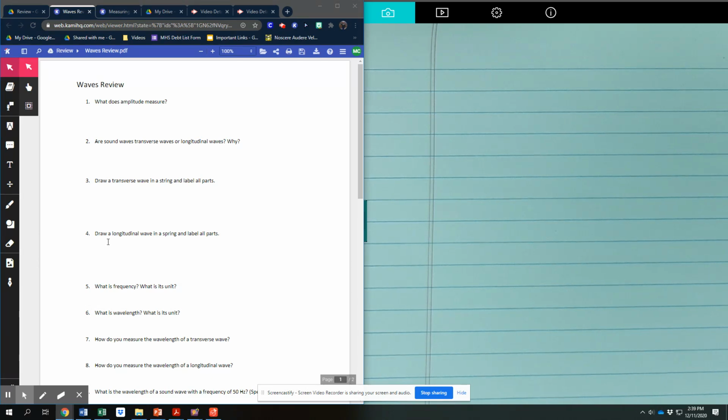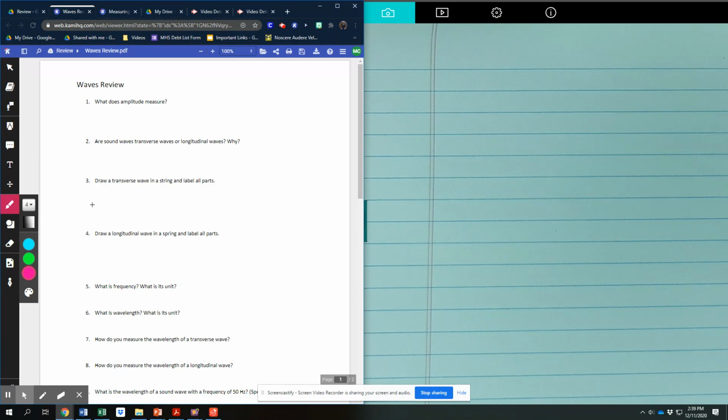Part 3, or number 3, says to draw a transverse wave on a string and label all the parts. So just do the best you can. So we're going to draw a transverse wave, right, up and down. And we're going to have, there's our rest position.